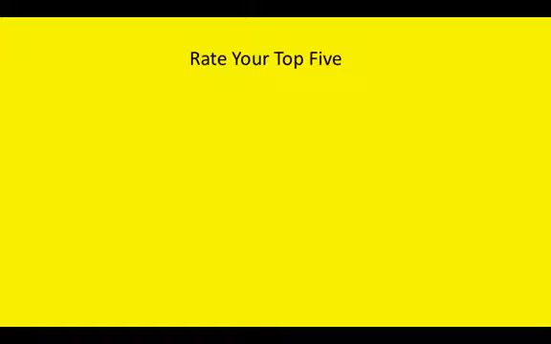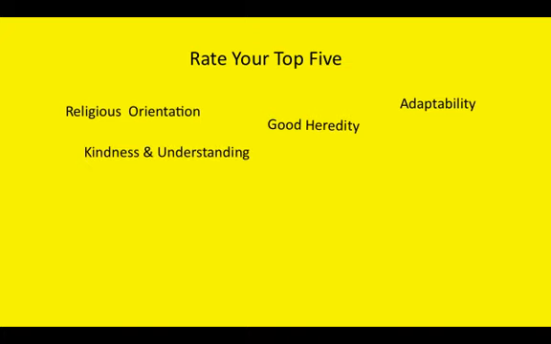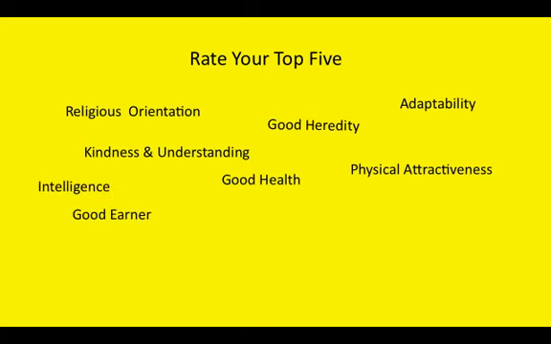Just for fun, let's see if you can rate your top 5 characteristics that you would like to see in a potential mate. Would religious orientation be important? Good heredity? How about adaptability? Do you want kindness and understanding in your potential mate? Do you want them to be physically attractive? Good health? Intelligence? Do you want them to be a good earner?